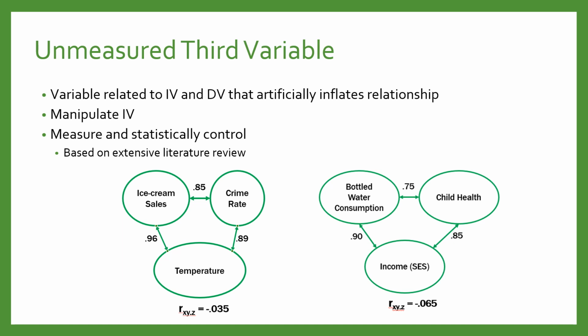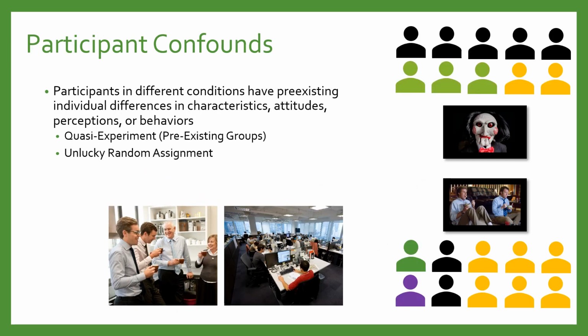And in this example, you could see that once you control for income, that relationship between bottled water consumption and child health becomes weak and negative instead of strong and positive. So these aren't experimental research examples, right? But you can always measure for the other variables and control for them to really dig into what the true relationship is between your variables of interest.